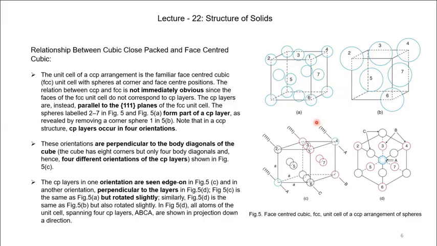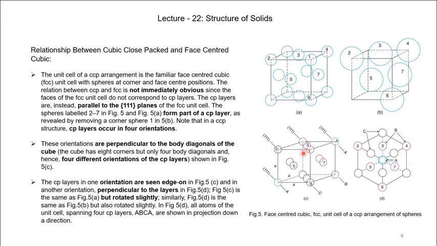You can see that if we take this one direction, this is the atom, this is the A layer, this is the B layer, and this is another C layer, and then again an A layer. So it is A, B, C, and therefore we call this a cubic close-packed structure.